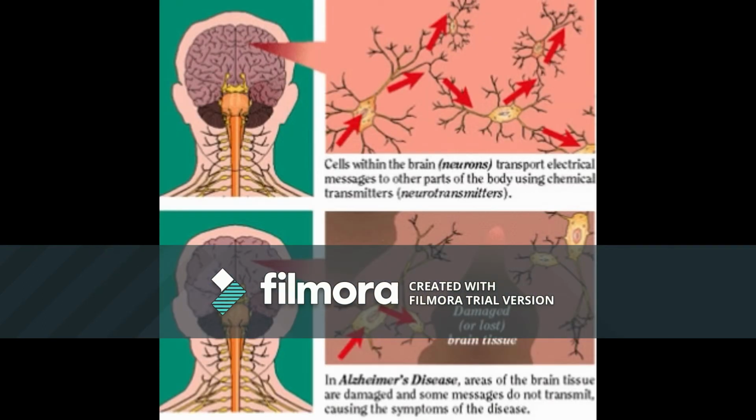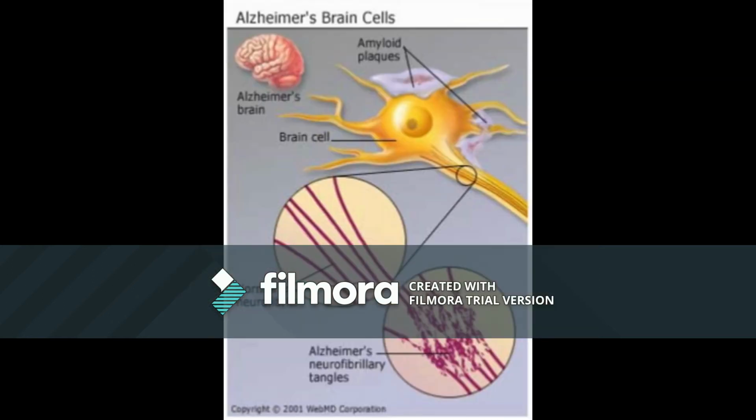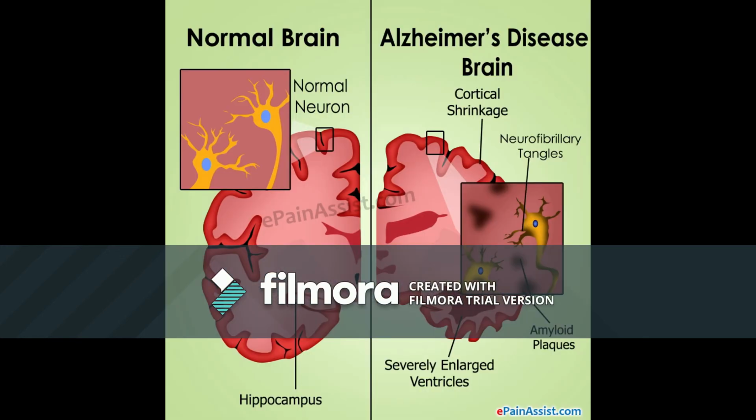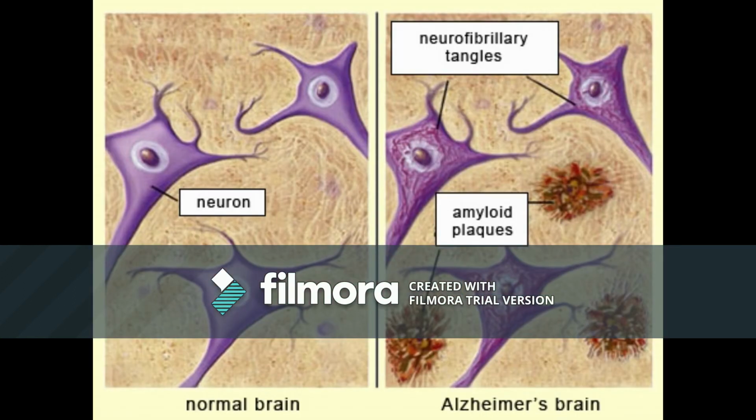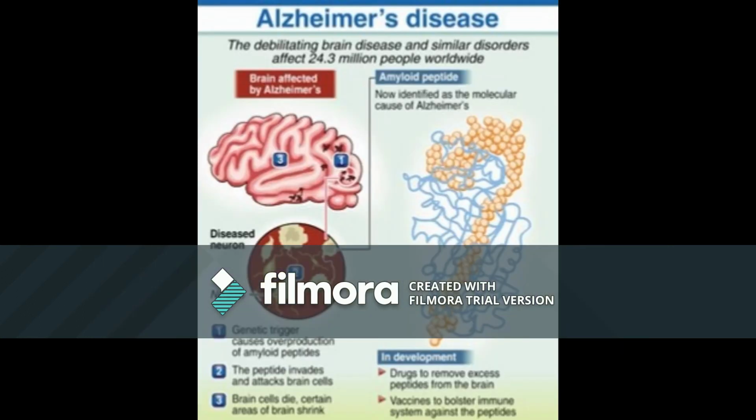Causes of Alzheimer's disease. Like all types of dementia, Alzheimer's disease is caused by brain cell death. It is a neurodegenerative disease, which means there is progressive brain cell death that happens over a course of time. The total brain size shrinks with Alzheimer's. The tissue has progressively fewer nerve cells and connections.